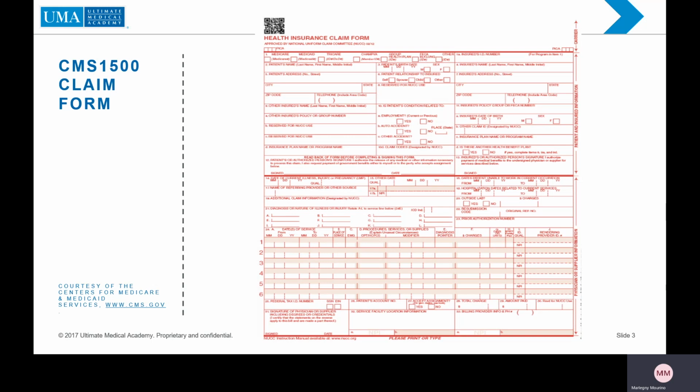Okay, so the data entry for the CMS 1500 claim form includes information about optical scanning guidelines, entering patient and policyholder names, entering provider names, mailing addresses and telephone numbers, recovery of funds from responsible payers, NPI or National Provider Identifier numbers, assignment of benefits versus accept assignment, reporting of diagnosis like our ICD-10 codes, and reporting of procedures and services, which are the HCPCS Level 2 codes and CPT codes.